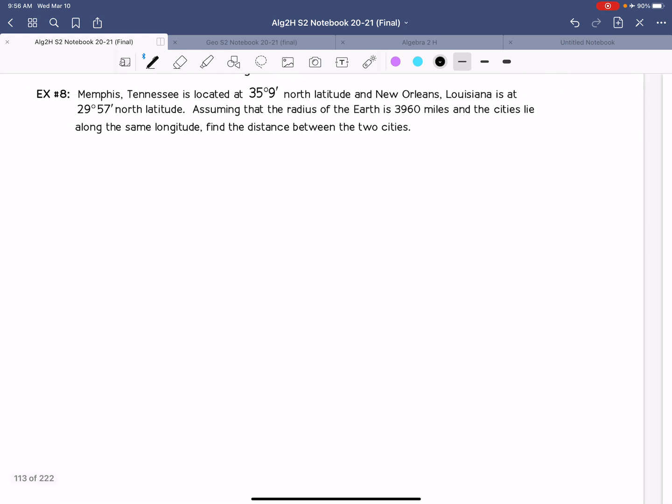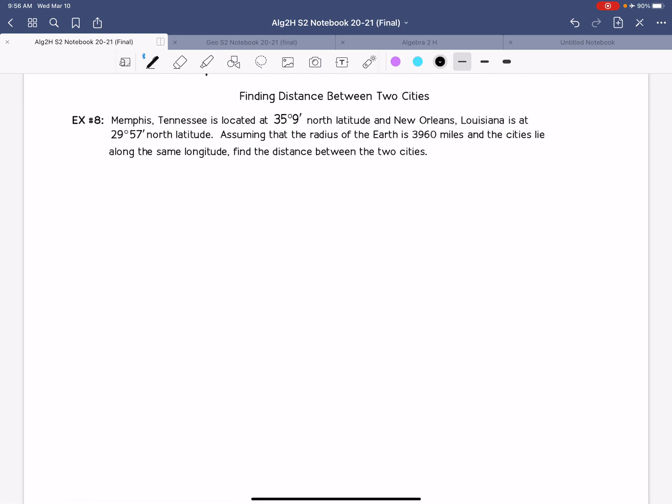Okay, we need to draw a picture. So we're assuming they're lying along the same longitude. So if this was Earth, that would be my longitude. Okay, and then we have the equator. We'll just draw the equator because the equator is 0. And that radius to the outside of the circle would be 3,960 miles.